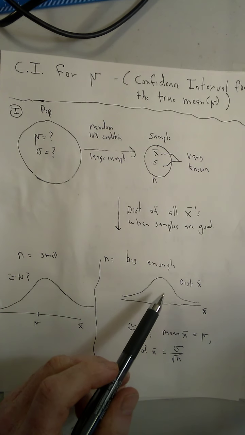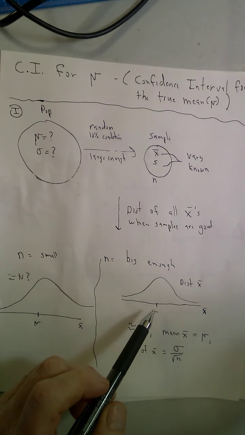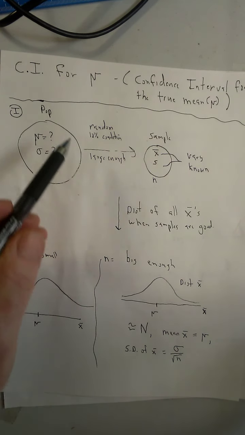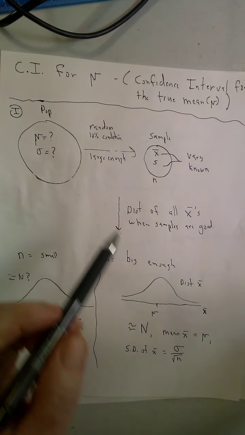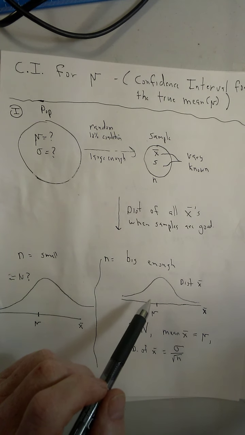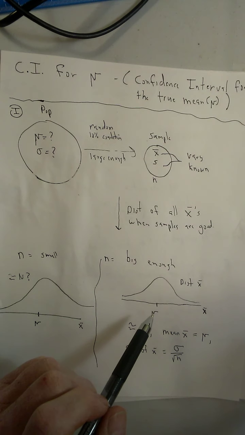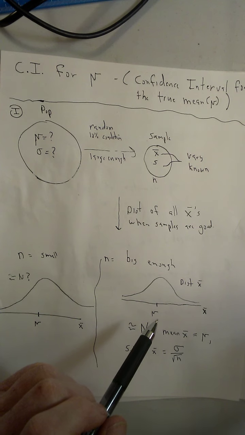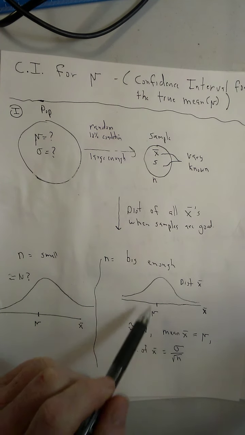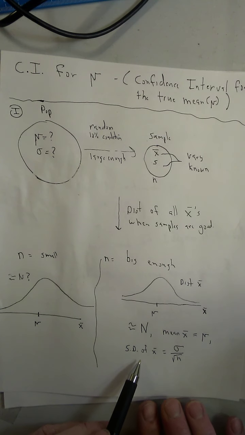The shape is approximately normal, and the standard deviation of this bell curve is given by the formula sigma over radical n, where sigma is the population standard deviation. We don't know that either. And so that's the dilemma: how do we estimate these when we don't know what they are and this is all we have?